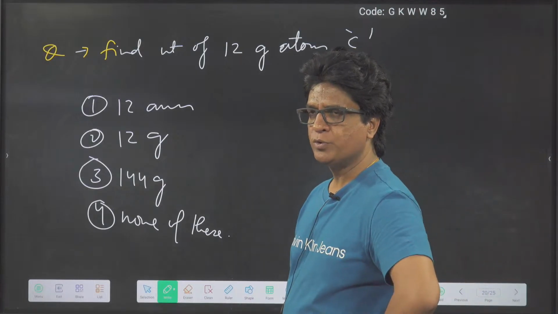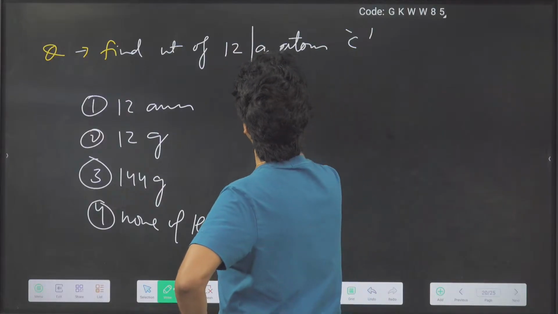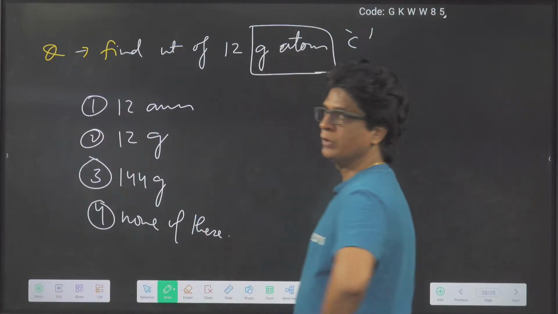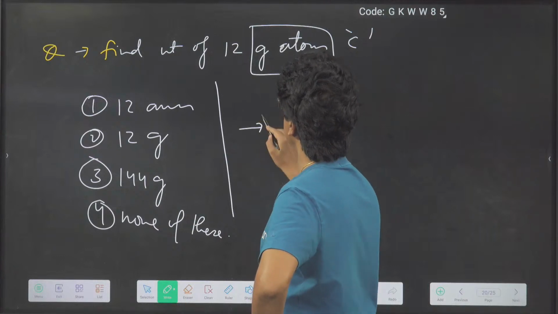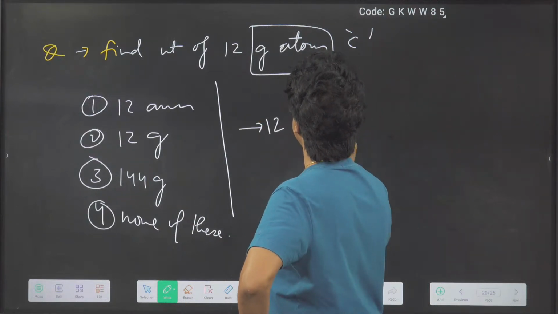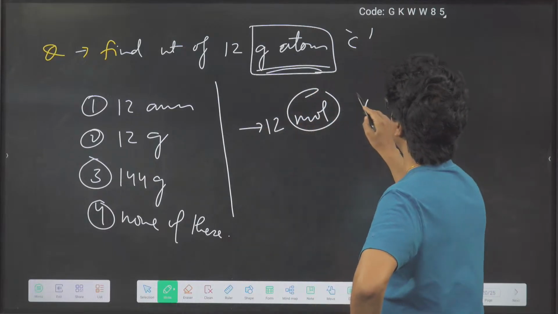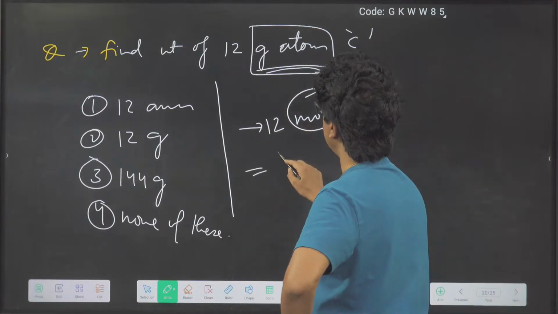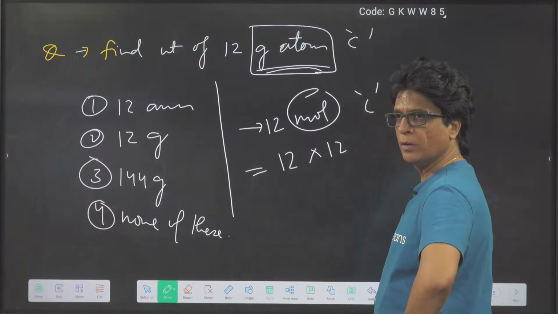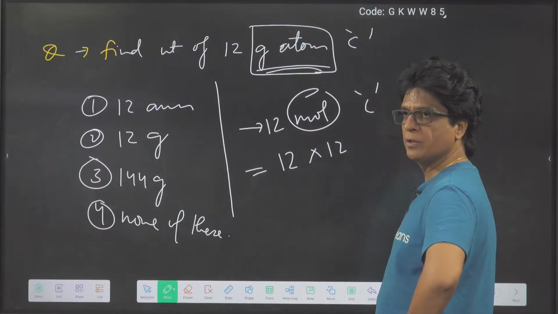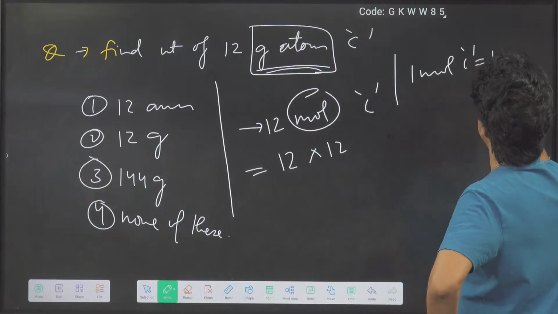Right, I believe most of you are giving the right answer. See, it should be read as 12 gram atom, which means it is 12 mole, because gram atom is nothing but mole. 12 mole of carbon. Now, 12 mole of carbon is 12 into 12, because 1 mole of carbon has a weight of 12 gram.